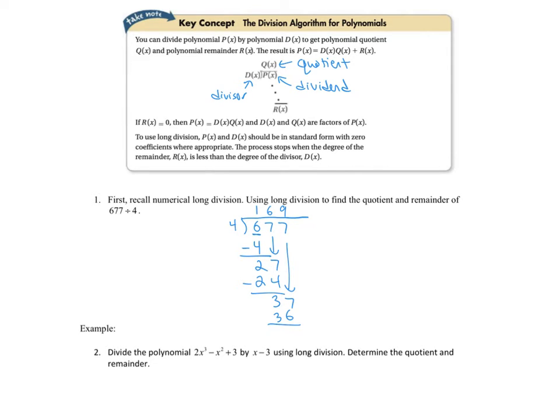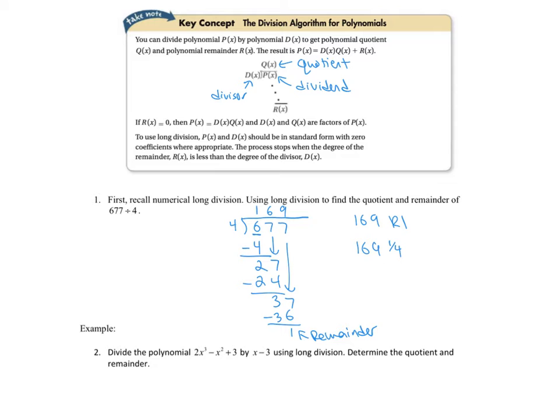I subtract, I get a 1, and without going into decimals, I call that the remainder. So my answer is 169 remainder 1, or I could think of this as 169 and 1/4. So I can take that remainder over the divisor. And that's another way to think of our answer.